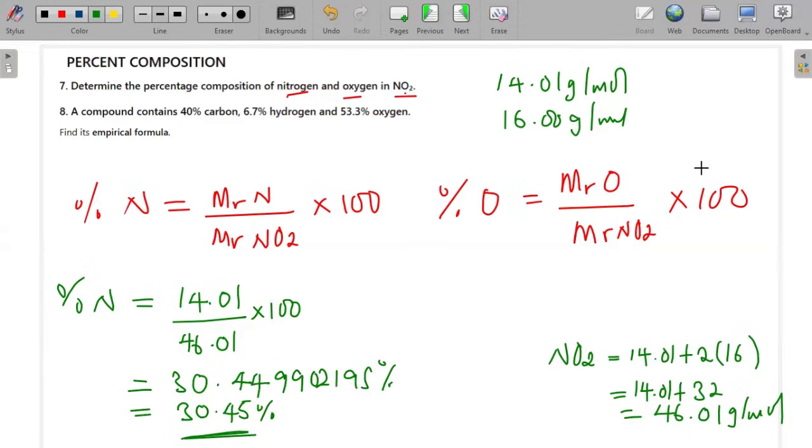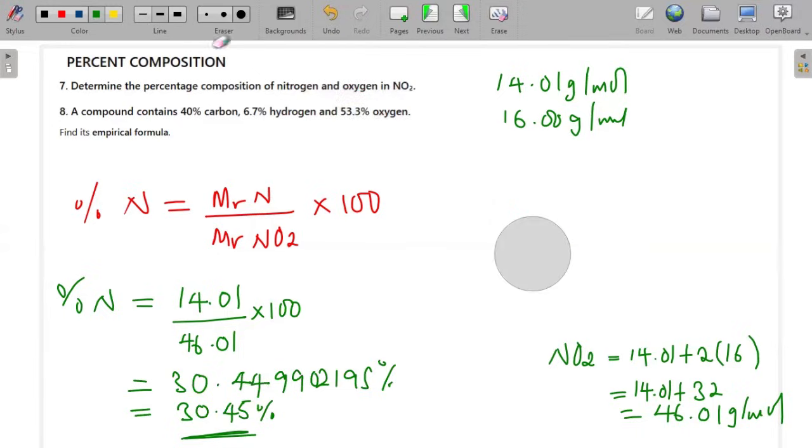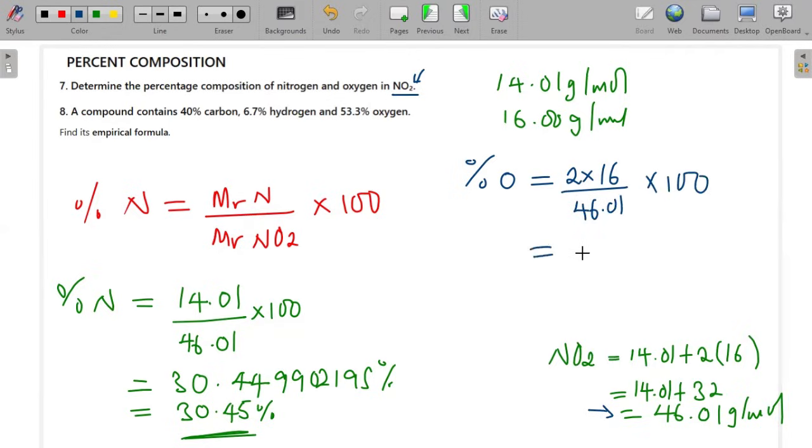Now we find the percentage composition of the oxygen. Percent of oxygen equals: notice that in NO2 we have 2 oxygens, so the molar mass of oxygen is multiplied by 2. It will be 2 multiplied by 16, divided by the molar mass of NO2, which is 46.01, multiplied by 100.